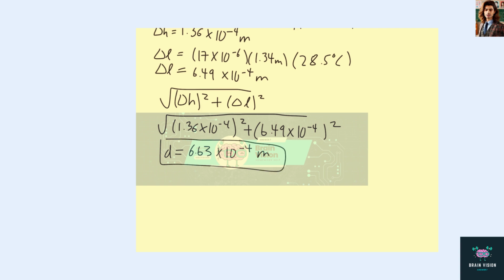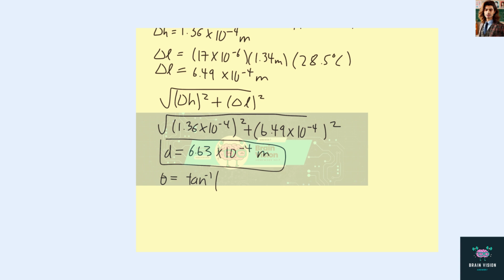Now for the direction, we can find an angle theta, and we can find the direction through the inverse tangent. It's kind of confusing that L is in the y direction and H is in the x direction in this example, because you would figure H is height, which is the y direction, but we need to flip them around in our inverse tangent, right?